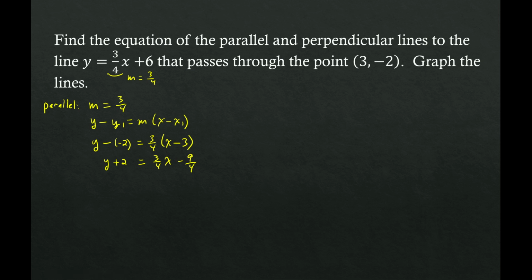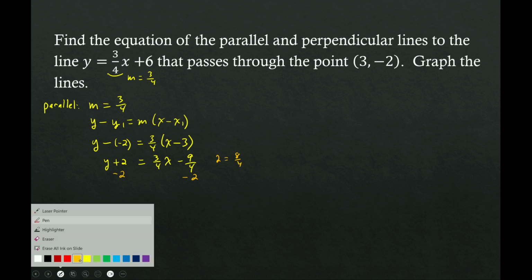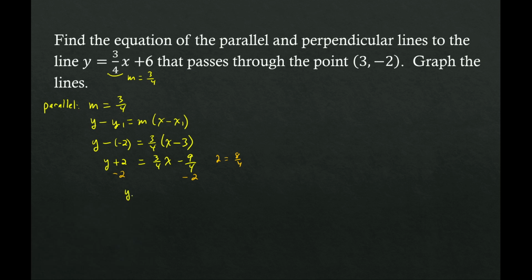So we want to subtract 2 from both sides, and 2 will be equal to 8/4. So we'll end up with y equals 3/4 x, minus 9/4 minus 8/4 will be minus 17/4.